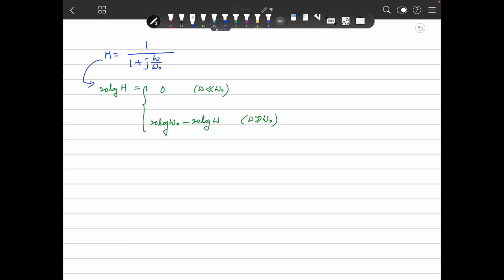Then we take the dB scale of H, and we have two graphs. The first is the magnitude, and the second is the phase.